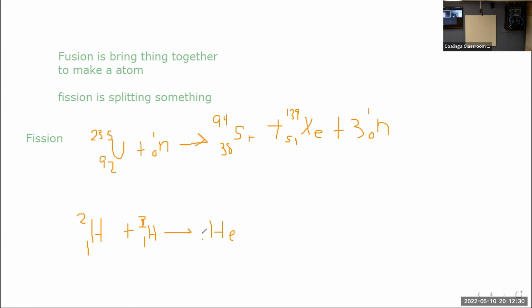We end up with helium. Okay, now this is a great fusion reaction.